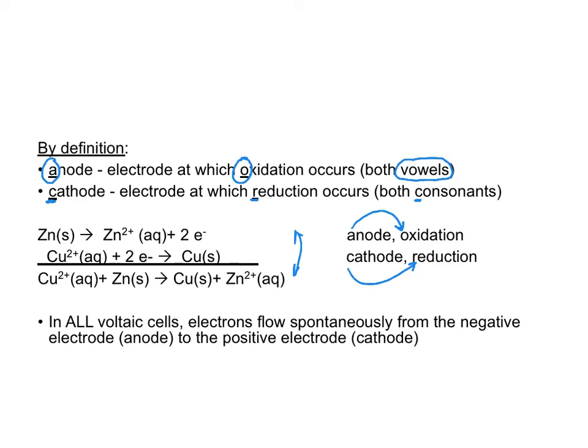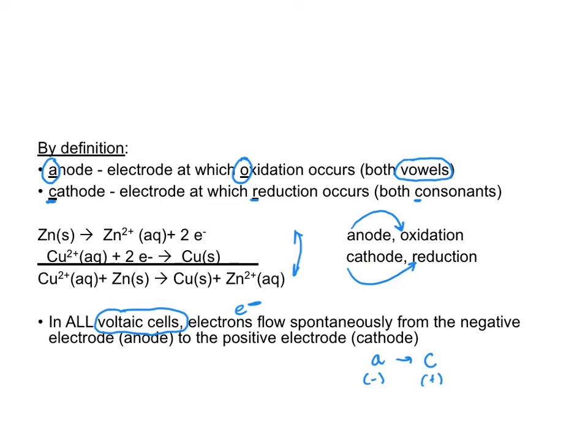The last thing to say is, if I have a voltaic cell, maybe you will see it on the top hat, it always will have the electrons flow spontaneously from the anode to the cathode. The anode has a negative sign, the cathode has a positive sign. Make another little connection here: anions are negative, cations are positive.